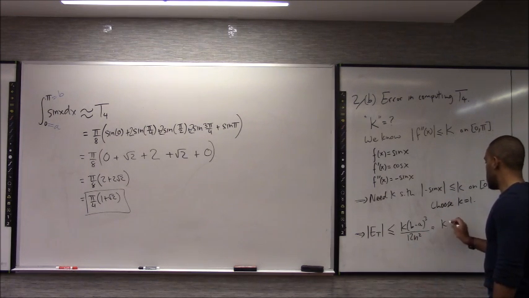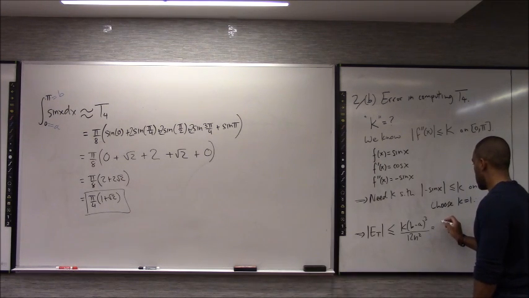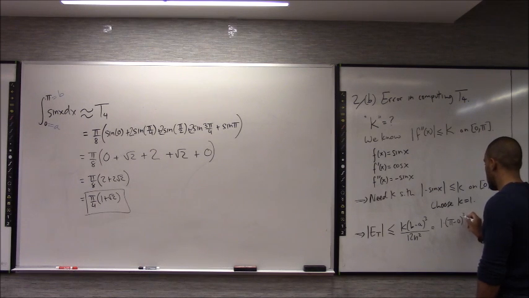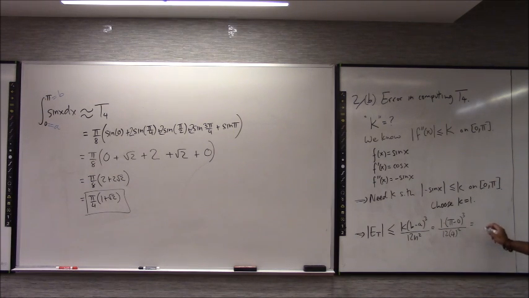So the error is going to be smaller than K was 1 times (pi minus 0) cubed over 12 times n is 4 squared. So it turns out pi cubed over 16 times 12.